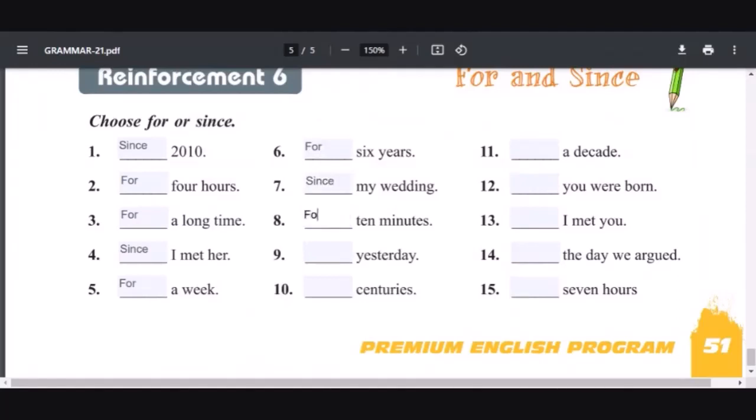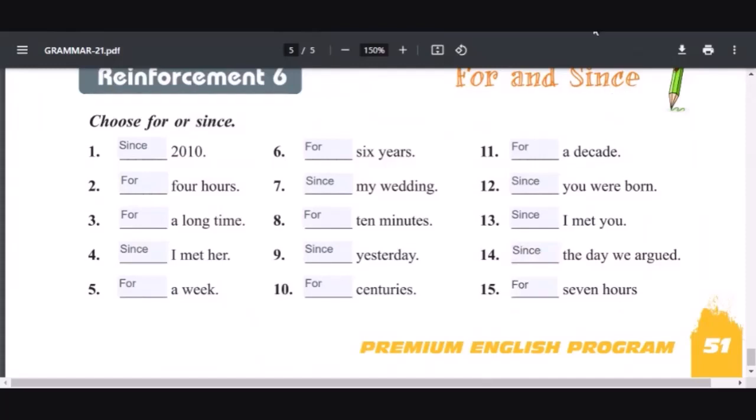For 10 minutes. Yesterday. Since yesterday. Centuries. For centuries. Mhm. Decade. For a decade. You were born. Since you were born. I met you. Since I met you. The day we argued. Since that day we argued. 7 hours. For 7 hours.